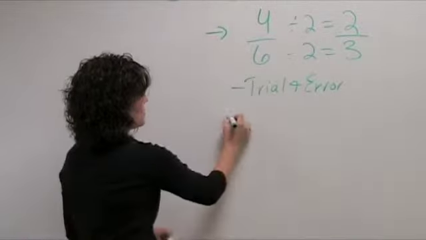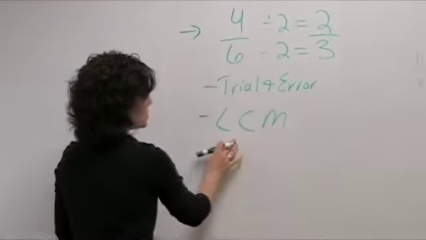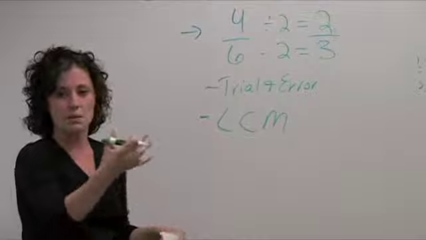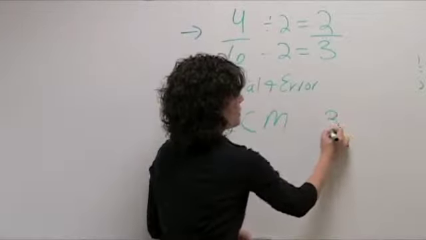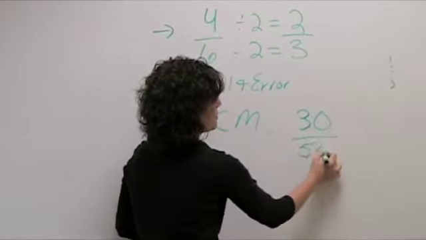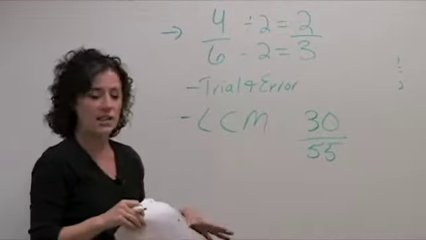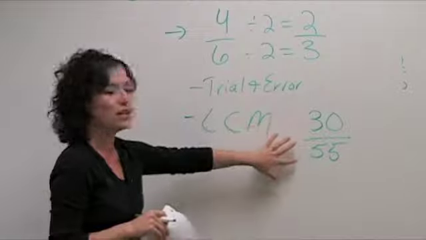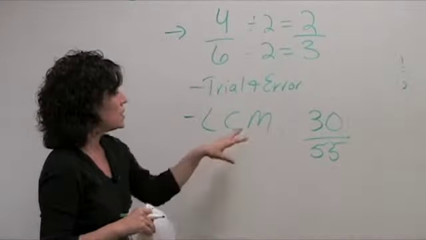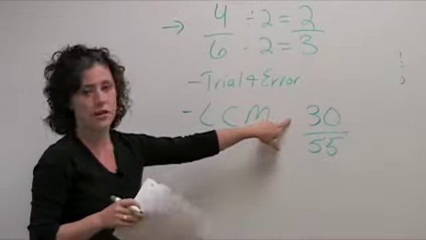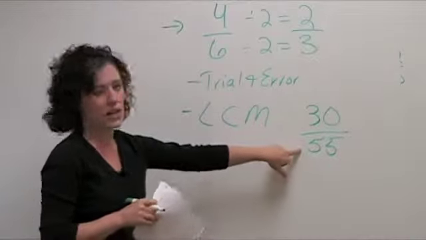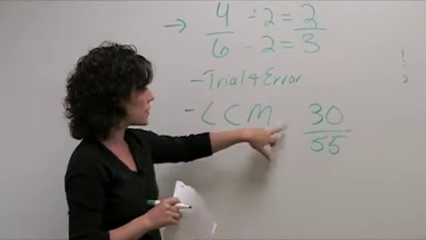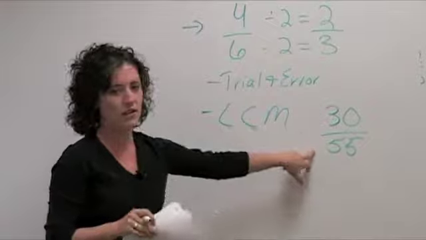One is to find the least common multiple, that is, what number can go into both the top and the bottom. So if I have a number such as 30 over 55, I need to find the least number that can go into both 30 and 55 to bring it down. If I take some guesses, let's say 3. Well, 3 can go into 30, but 3 can't go into 55. 4 can't go into 30, nor can it go into 55.